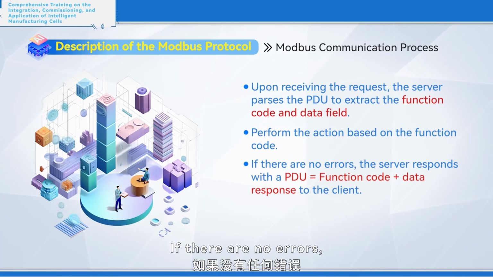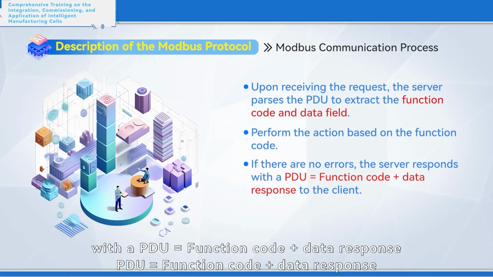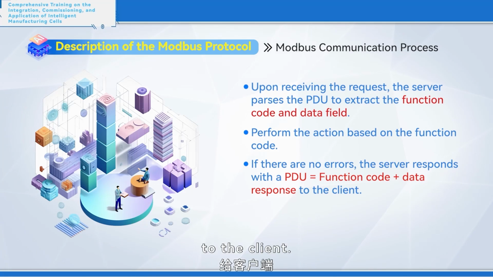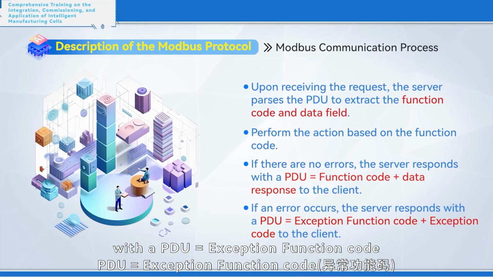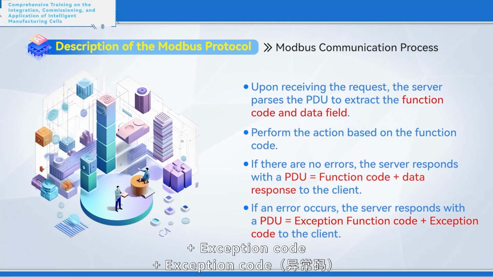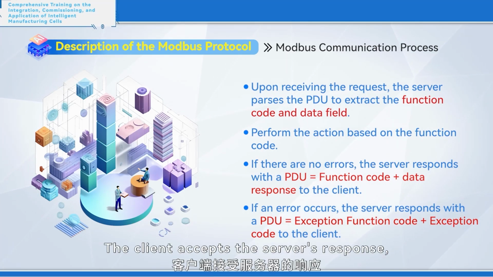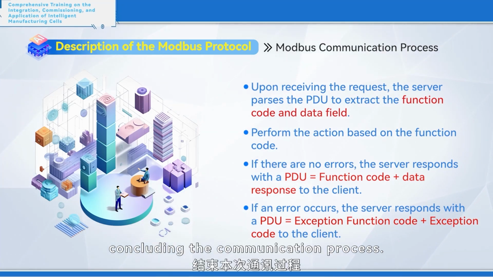If there are no errors, the server responds with a PDU equal to function code plus data response to the client. If an error occurs, the server responds with a PDU equal to exception function code plus exception code to the client. The client accepts the server's response, concluding the communication process.